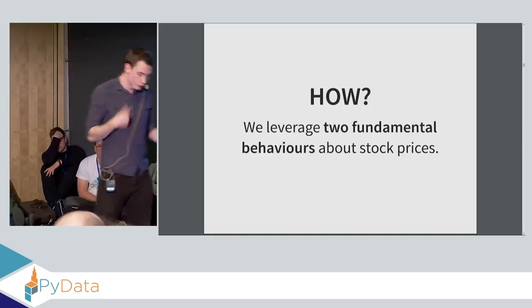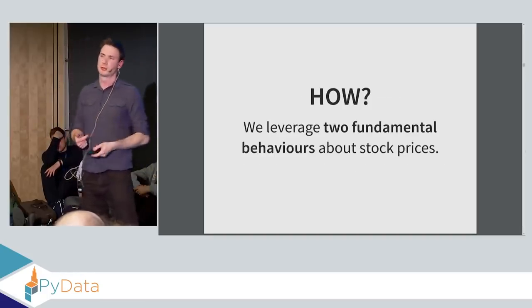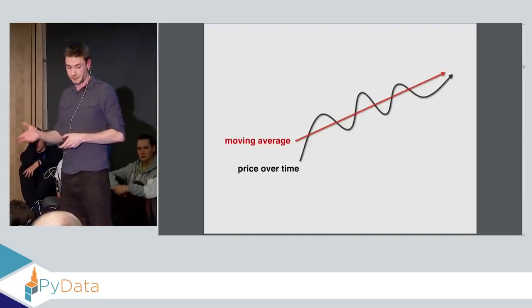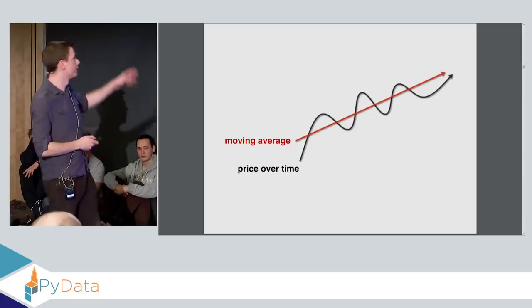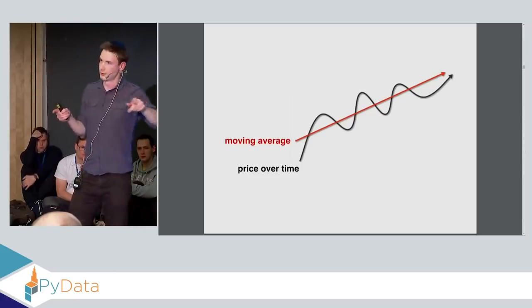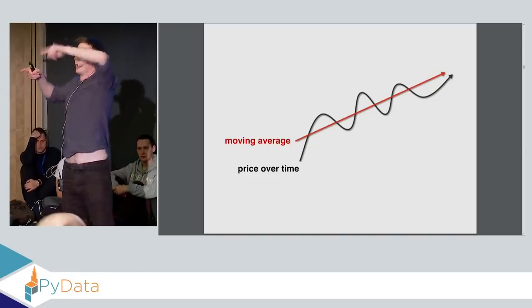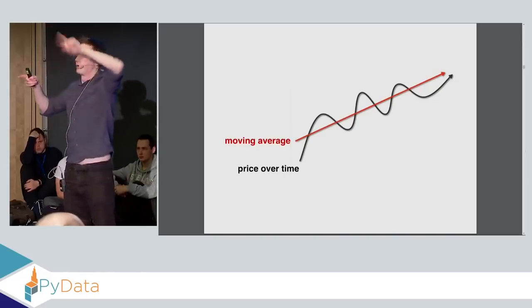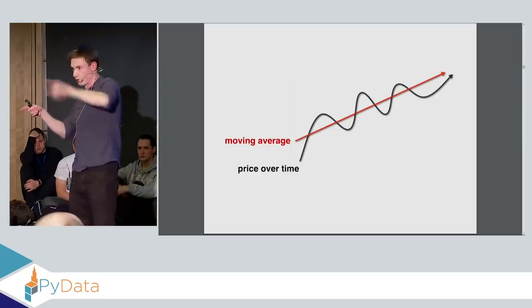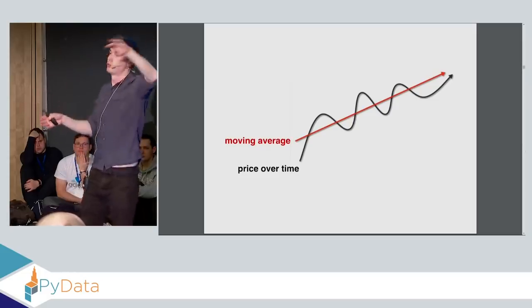So the strategy that we're going to use leverages two fundamental behaviors about stock prices. The first is that prices revert to the mean. Now, you can imagine any time series, particularly ones like stock prices, are very noisy. So you get this up and down notion, but then it's jittering around some kind of general trend. So even if a stock is generally going up, it's going to be bouncing around that general upward trend.